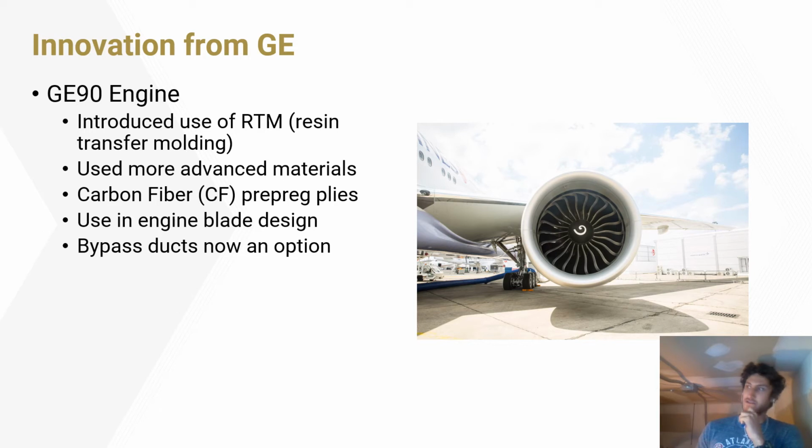This was like 100 ply development for a lot of the fan blades in this engine. And it even allowed for the use of composites in bypass ducts, which are an area of the engine which undergoes a high level of not only heat but pressure during use. So this was an area that was never touched by composites previously, but due to the use of carbon fiber and high performance composite materials, GE really pioneered the use of composites in this area.